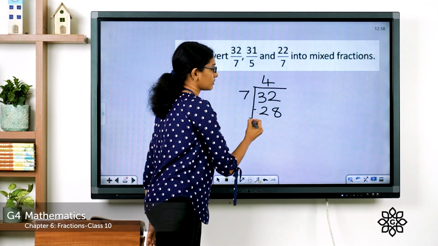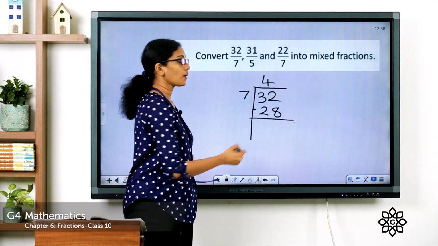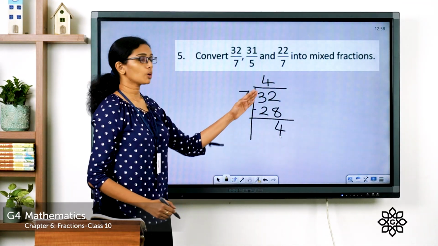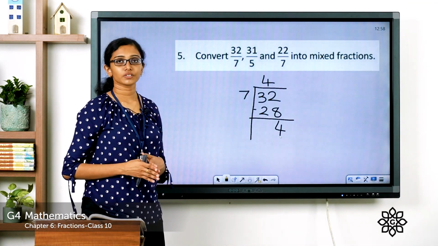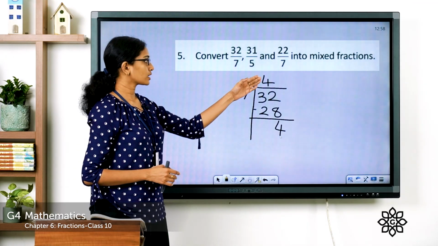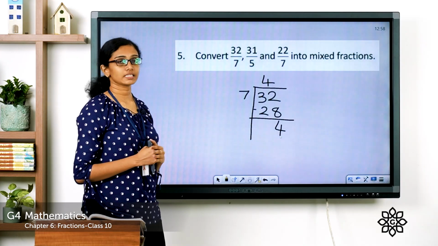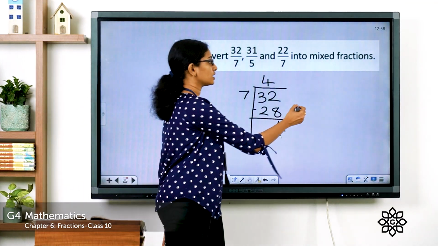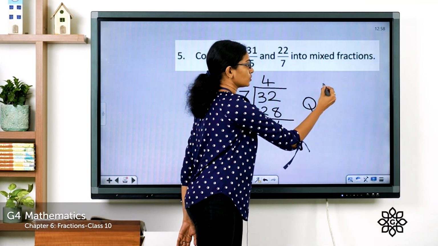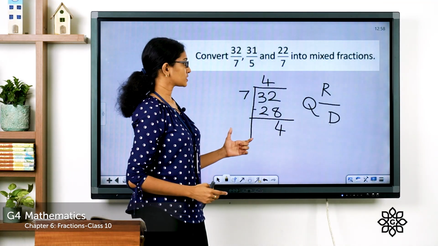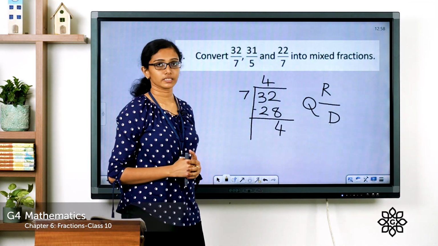Write that 4 here. 7 fours are 28. Now subtract the numbers: 32 minus 28 is equal to 4. No more digits to bring down, so let's stop the division right there. Right now we have got a quotient 4, a remainder 4 and the divisor 7. With the formula, quotient, remainder by divisor, we can write the mixed fraction corresponding to 32 by 7.